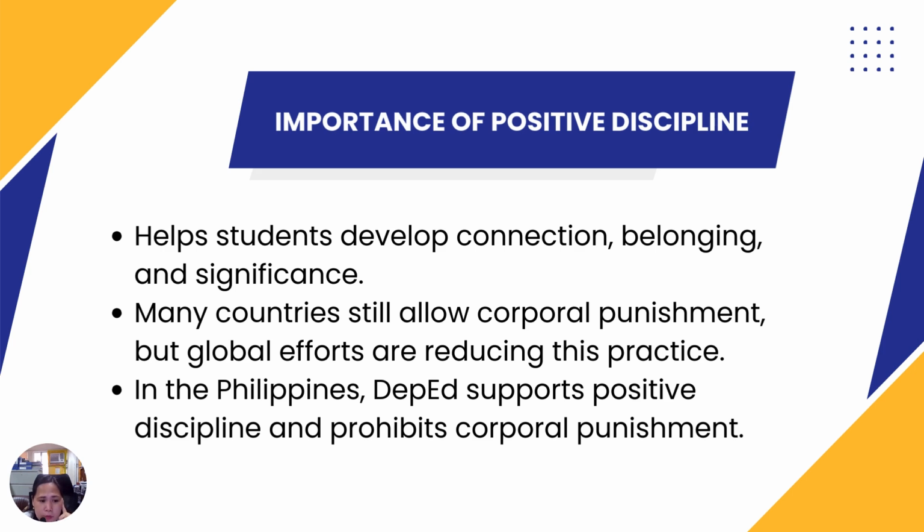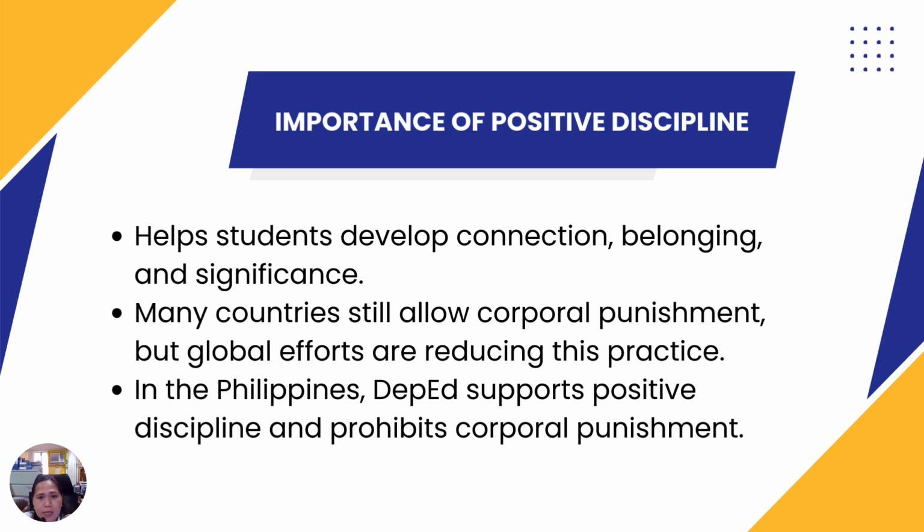So the Department of Education now is actively supporting positive discipline, and has been very explicit about the prohibition of corporal punishment. So we make sure that as teachers we nurture a supportive educational setting in our classroom. So when we say positive discipline, it does not mean again that we are to tolerate mistakes, but there should be firmness.